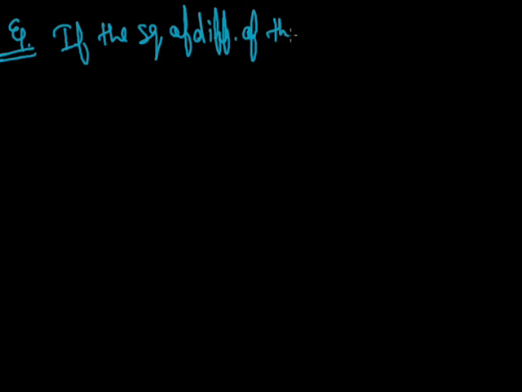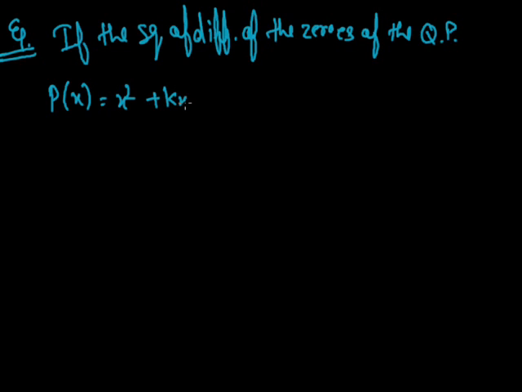Write down example 1. If the square of the difference of the zeros of the quadratic polynomial p of x equal to x square plus kx plus 45 is equal to 144, then you have to find the value of k.